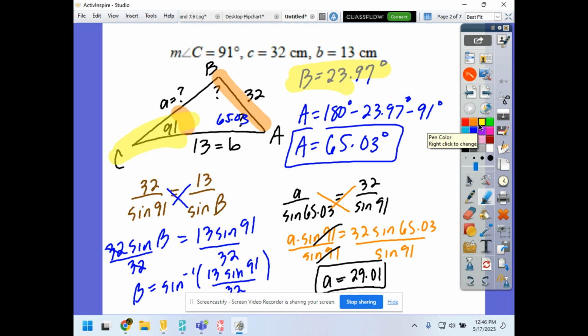There are special cases when we're given a side-side-angle case wherein we're not going to be able to form a triangle, or we can form just one triangle like the one on the board, or we can have two triangles.